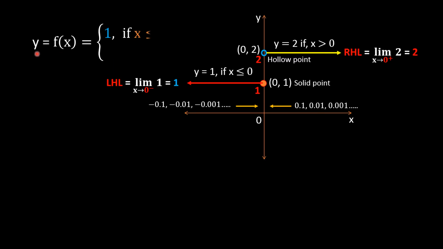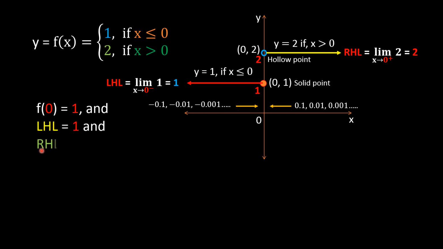In this example of a piecewise function, we must note that f of 0 equals 1, which means the value of function f x at x equals 0 is 1. Left hand limit is 1, right hand limit is 2.